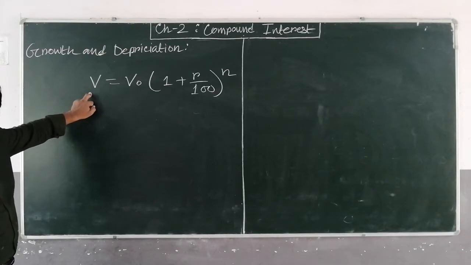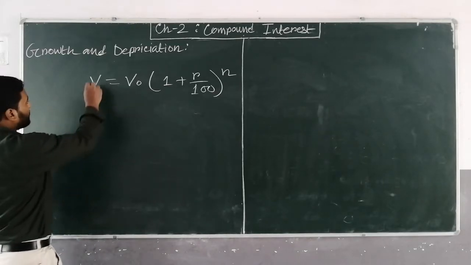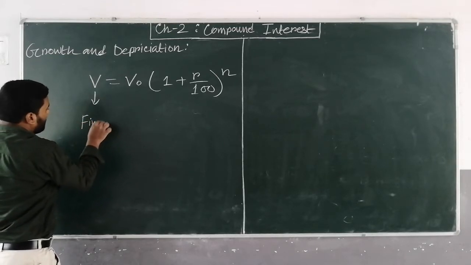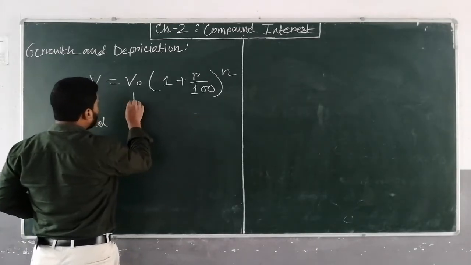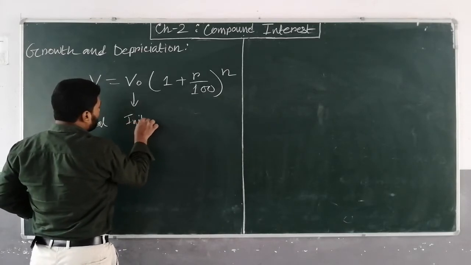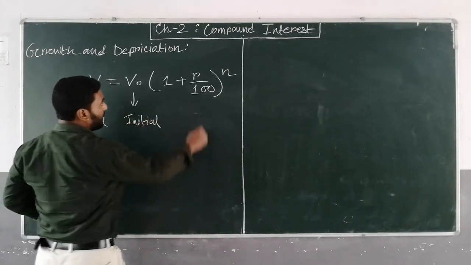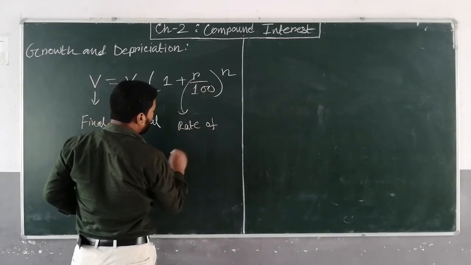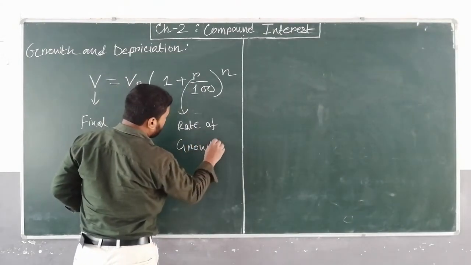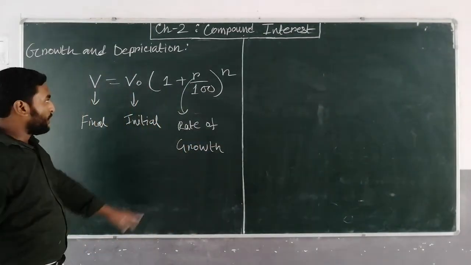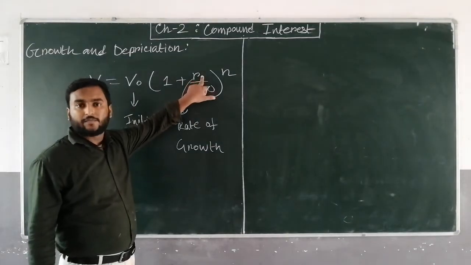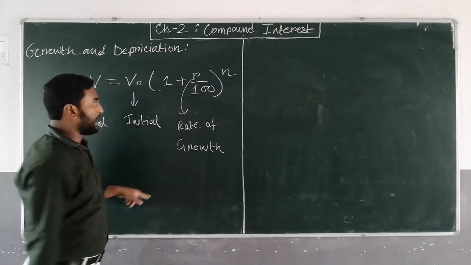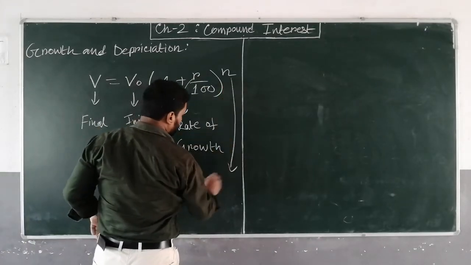Suppose, in case of population, V is the final population, V naught is the initial population, R is the rate of growth. In case of compound interest we said this was the rate of interest, but in case of growth, this is the rate of growth, and n is the number of years.